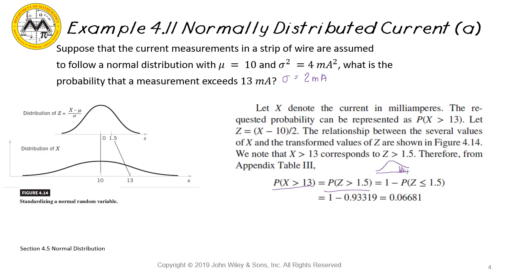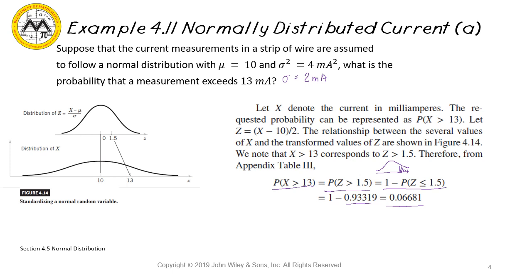Since the total area is 1, that would be 1 minus the area to the left, so 1 minus P of z less than 1.5. If you're looking at the table, P of 1.5 is 0.93319. Therefore, the requested probability is 0.06681.